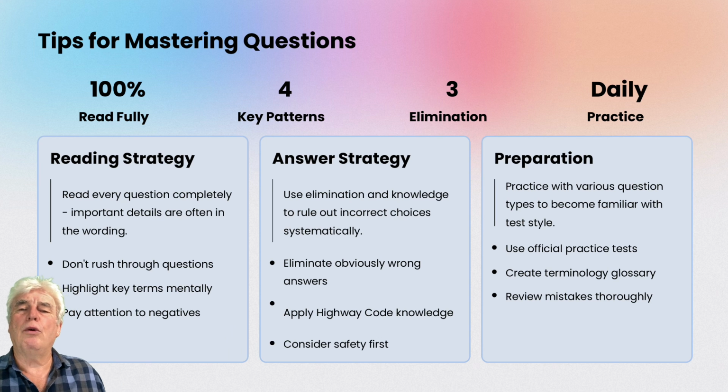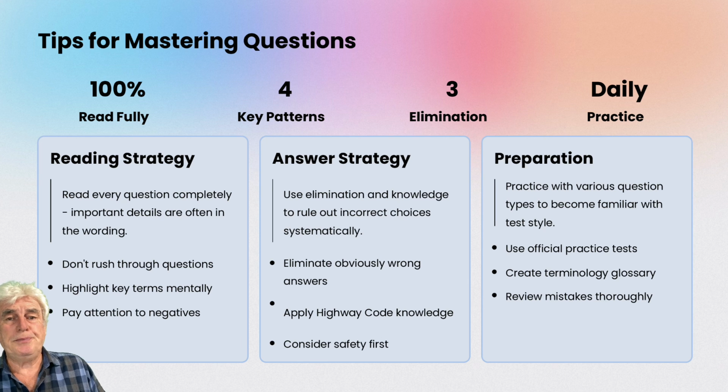Eliminate obviously wrong answers. Use your knowledge of the question structure to rule out any incorrect choices. Practice with a variety of questions; exposure to different formats will help you become familiar with the test style. Review definitions. Make a glossary of all unfamiliar terms as you study. These are practical tips.